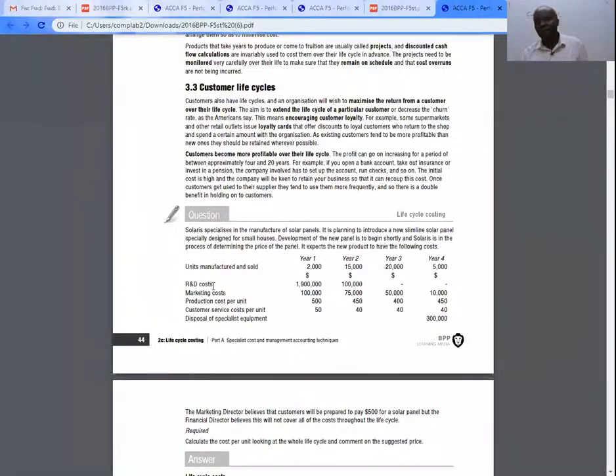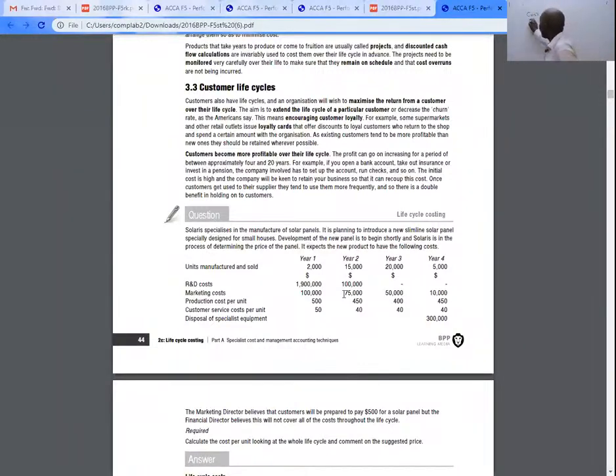They have not made any mention of per unit. So for research and development cost, I'll add 1.9 plus 100,000. I'm looking at the research and development cost incurred for the entire life cycle, which is 4 years. So 1.9 million plus 100,000. Could you kindly give me that answer?